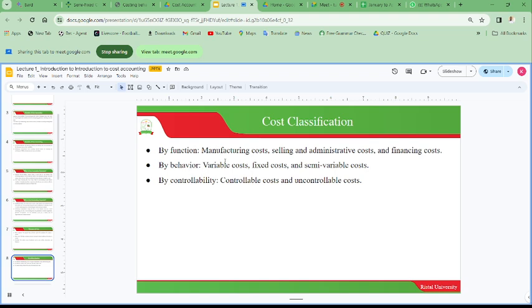By behavior, we have variable costs, fixed costs, and semi-variable costs. Under controllability, we have controllable costs and uncontrollable costs. Usually in our costs, we have costs that can be controlled and costs that cannot be controlled. It occurred naturally.